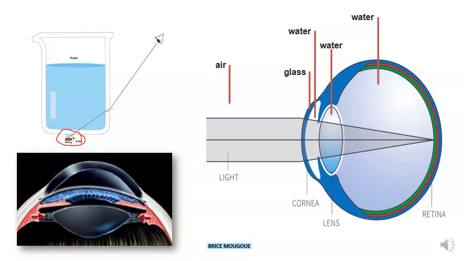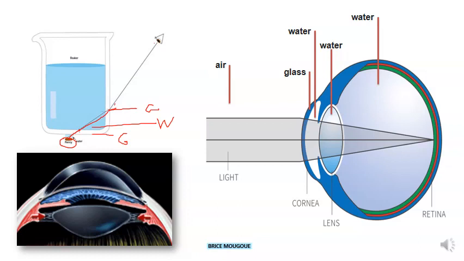Now, that aside, when we are viewing this coin here, I want you to notice something. Light would have to travel from the coin, pass through glass. This is glass. The light will have to pass through water. This is water. The light again is passing through glass. This is again glass.